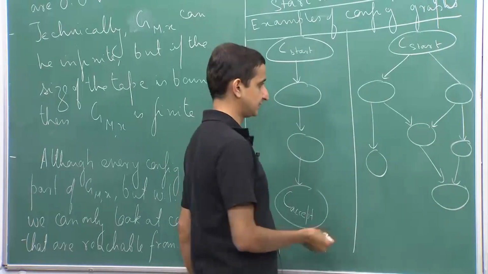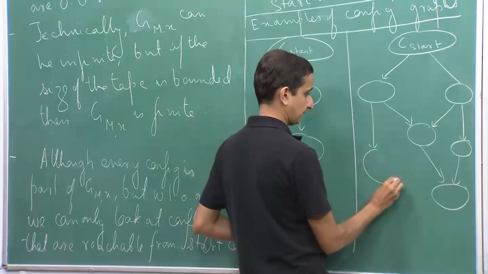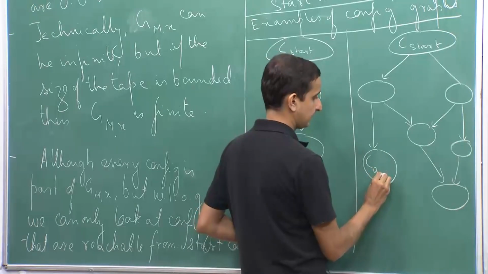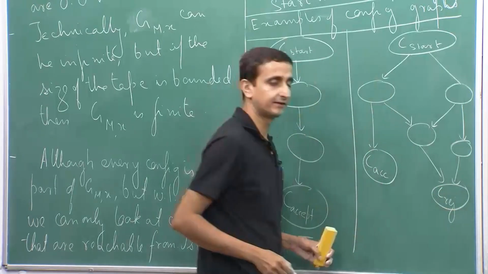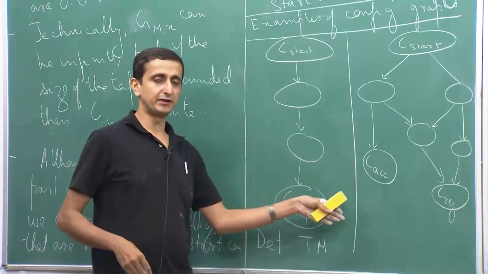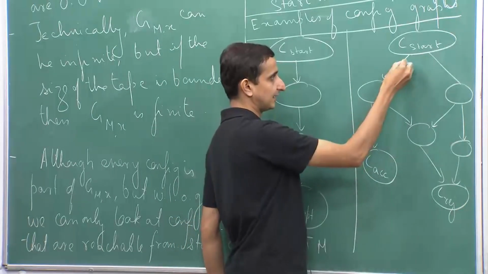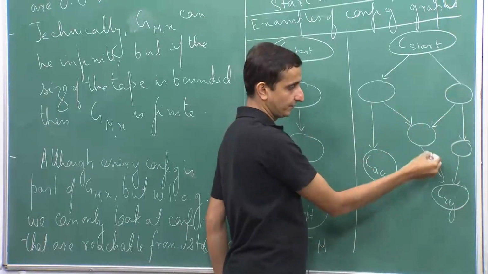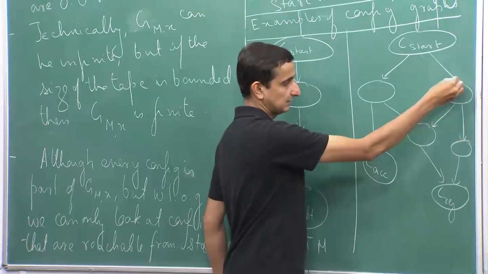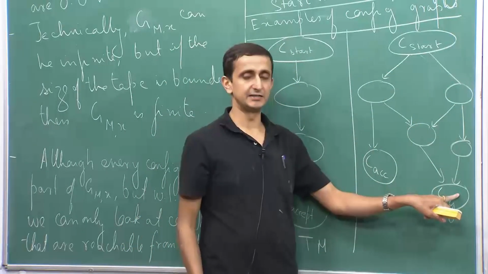Maybe this is C accept, and this is C reject. So, there are many computation paths, one that goes from C start to C accept, another going from C start to C reject, and a third computation path that is also going from C start to C reject.